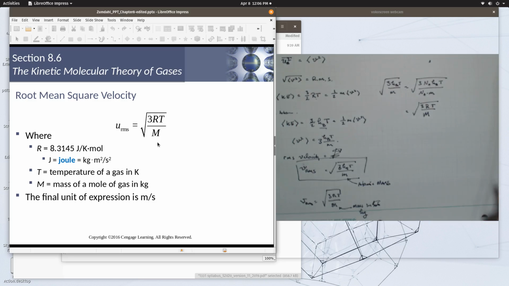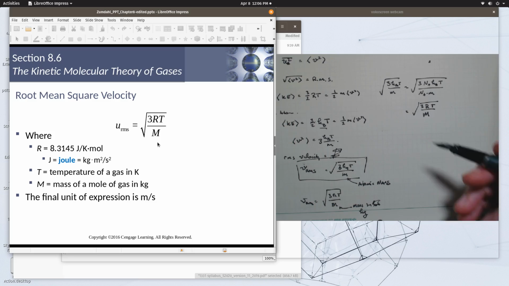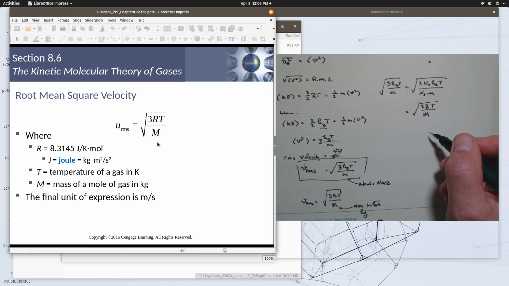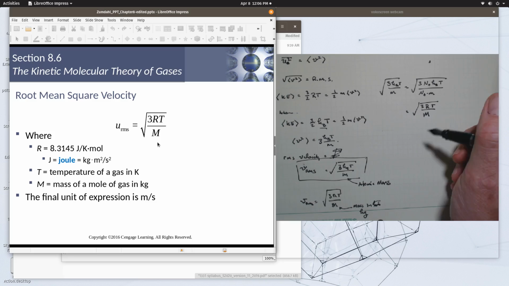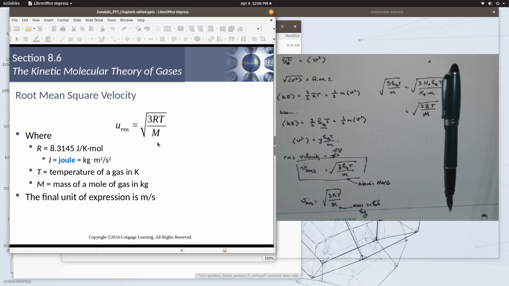That's the only difference between the two. So however you wish to do this calculation, this is probably a little easier to type into your calculator, but in principle you'll get the same number at the end of the day.